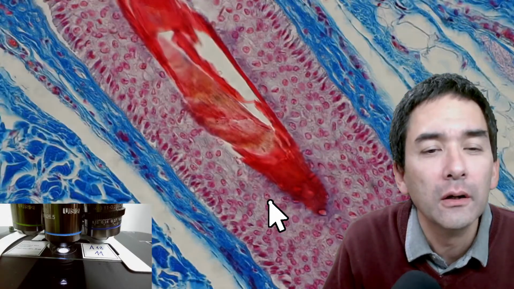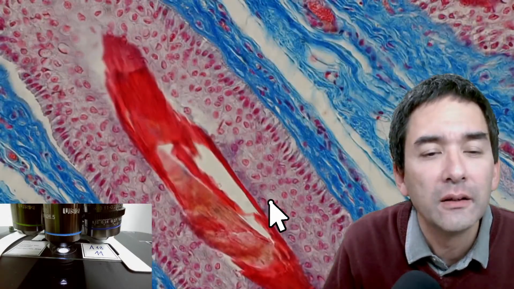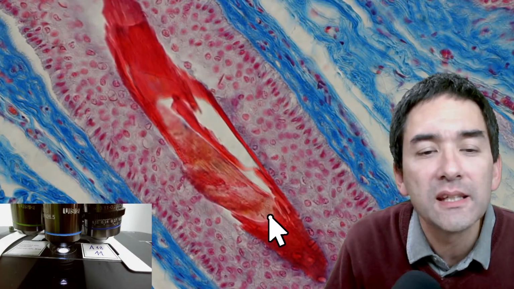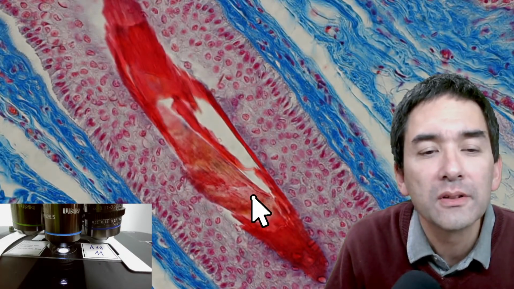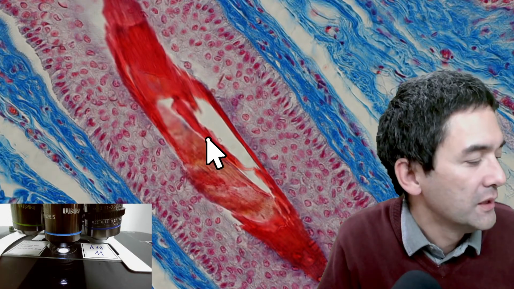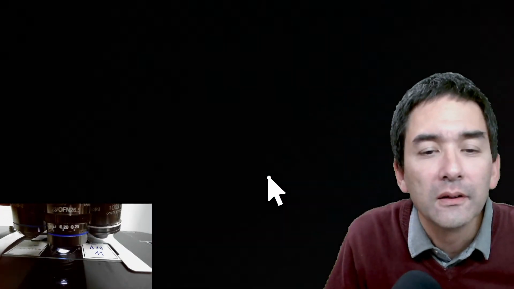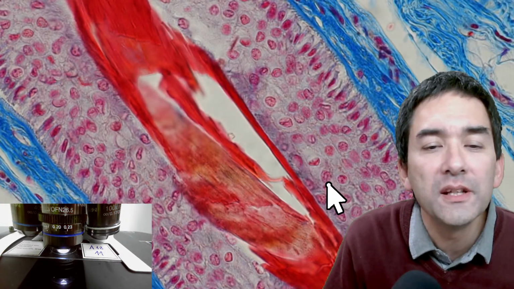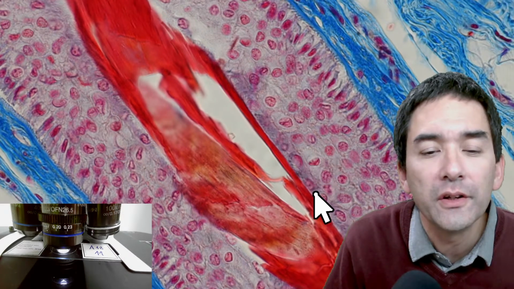Over here, if you look at this red structure, I don't see any cells, but rather it looks kind of fibrous. Let's go up a little with the magnification. Yeah, here we see the individual cells quite nicely.